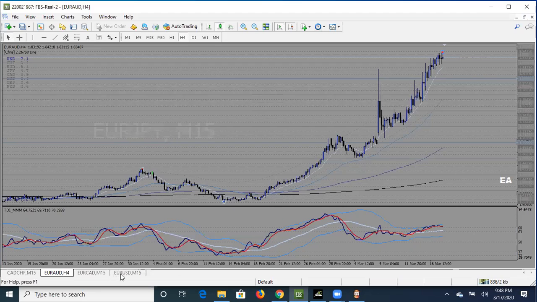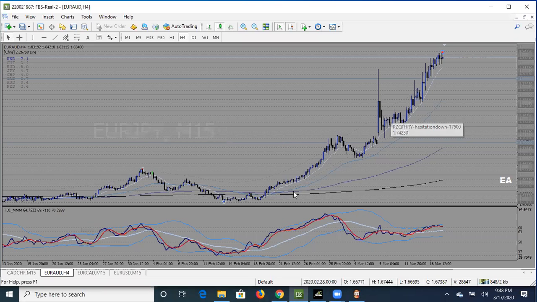Now, how do we ensure we don't spend the whole day in front of the chart looking out for breakers, watching out for our entries on the 15 minutes, especially after we've been able to identify the trend? Most times when we identify the trend on the 4 hours, the trend could continue for 2 weeks or thereabout, right?